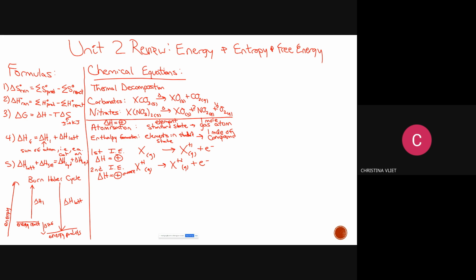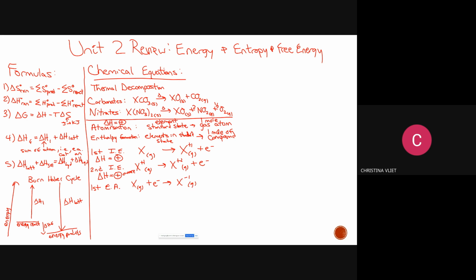Electron affinity. First electron affinity equation. So I'm going to summarize that as EA. What would that look like? We would start with whatever we have as a gas, but instead of taking away an electron, we add an electron. So it would be plus e minus goes to X minus 1 gas.